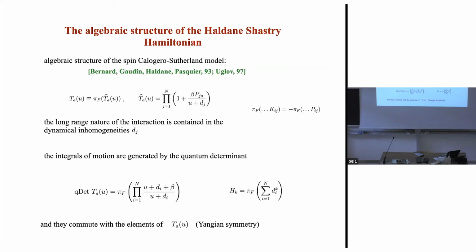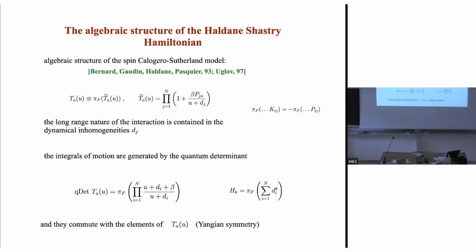Now, from this monodromy matrix, rather from this one, I will concentrate from now on the minus sign here because it's more convenient for what I want to do. What I wanted to add here is that once you have this monodromy matrix, you can get the integrals of motion by expanding the quantum determinant in powers of u.